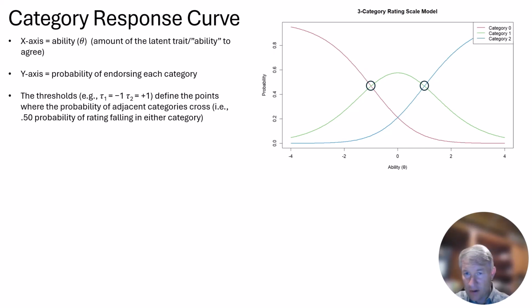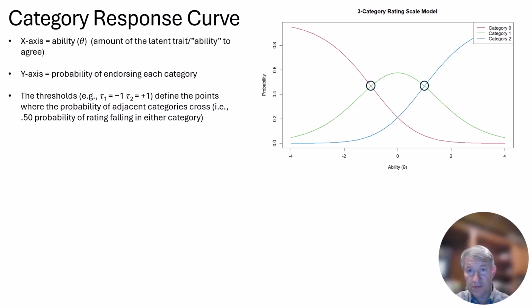And it looks like on my graph that tau 1, which is the first threshold, is located at about -1 logits, and tau 2, the second threshold, is located at +1 logits. And these are defining the points where the probability of adjacent categories is equal.